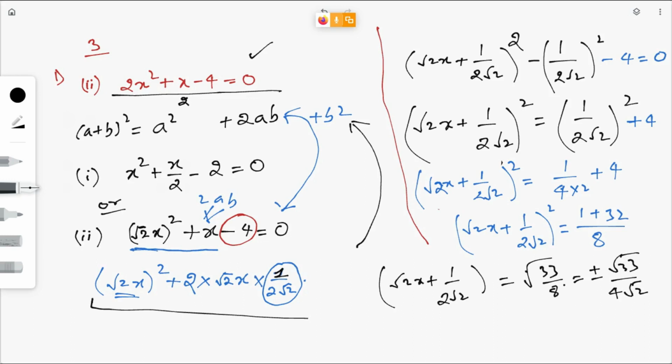If you take root of 8, 2 into root 2. Okay, 8 can be written as 2 into root 2. Next, root 2x plus 1 by 2 root 2 is equal to plus or minus root 33 divided by 2 root 2.